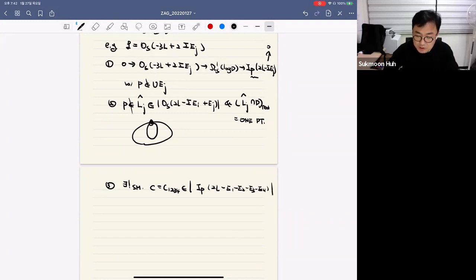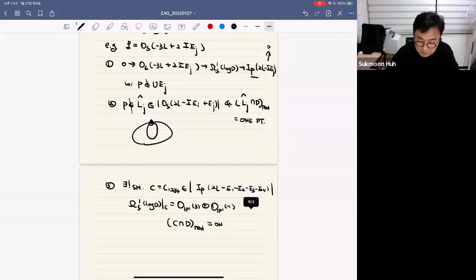So there exists the unique conic passing through P1, P2, P3, P4, and P. And then if we apply our key lemma to this curve C, we see that the splitting type is 3 and minus 1. And also, it intersects with D at only 1 point with multiplicity 4.